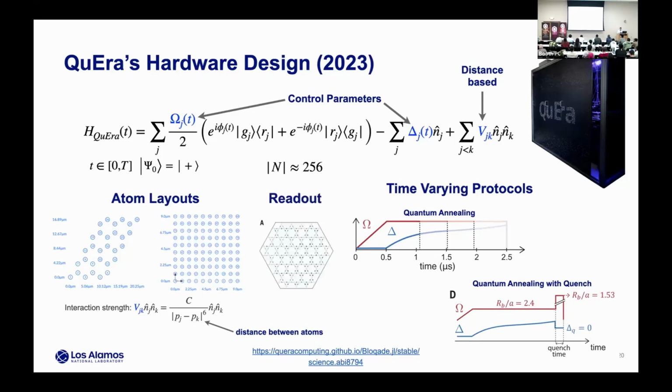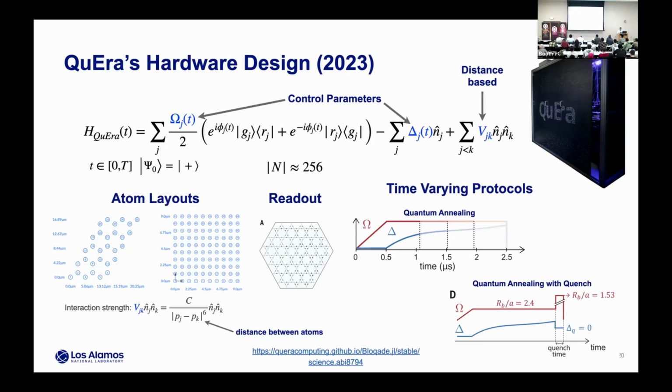The last interesting thing is the readout is actually taking pictures of the atoms. So here's a picture of some of the atoms fluorescing with a certain state. And if they fluoresce, you say it's a 1, and if they don't, you say it's a 0. So then you can actually see what's happening when you read the state of the computer.